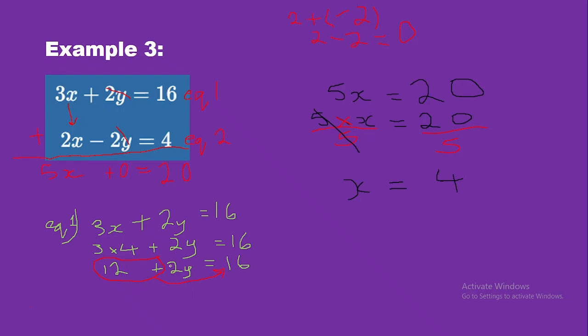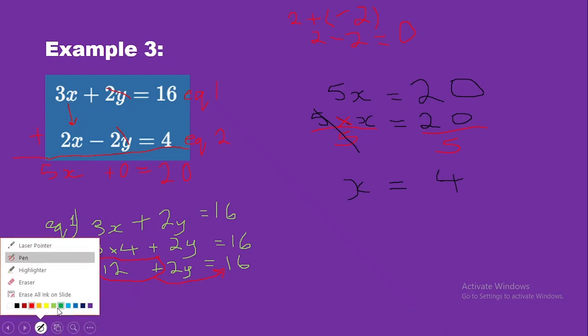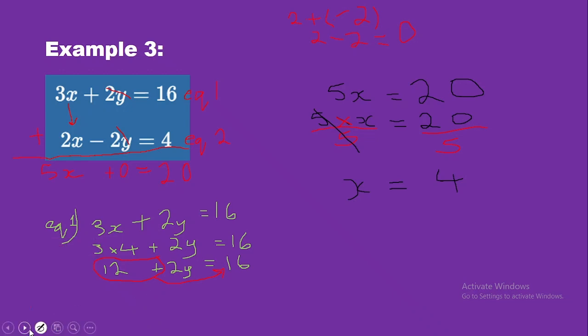So it changes the plus 12 to negative. I'm going to have now my 2y equal to 16.